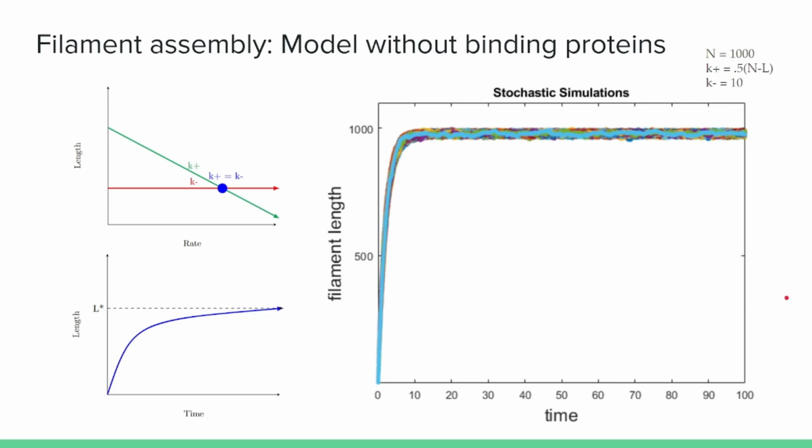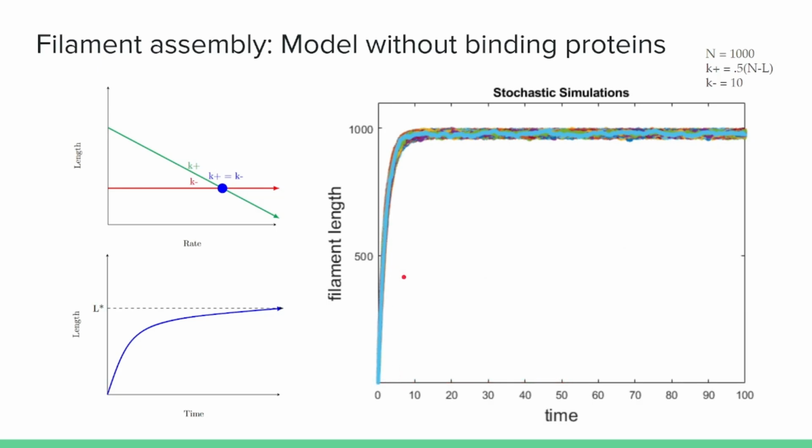And this is seen in this figure over here, figure C, which is demonstrating a single filament growing for 100 seconds in a pool with 1,000 monomers, a growth rate of 0.5 times N minus L, and a decay rate of 10. So this is 5,000 trajectories.